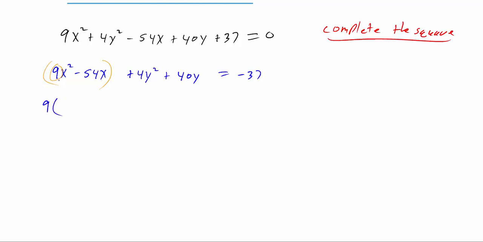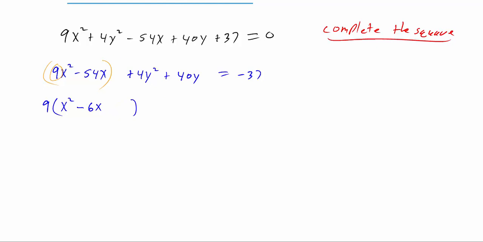So if we factor out a 9, we're left with x squared, because 9 divided by 9 is 1. And if we factor a 9 out of the negative 54, we would end up with 54 divided by 9, which would be a negative 6x. And then I'm going to leave a space because we're going to add on to make this a perfect square.